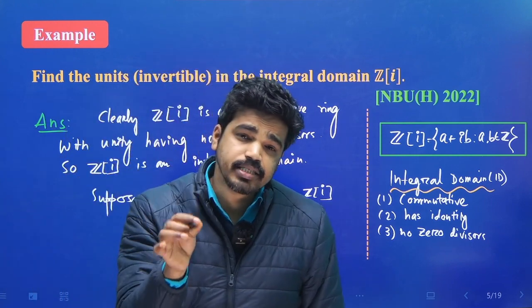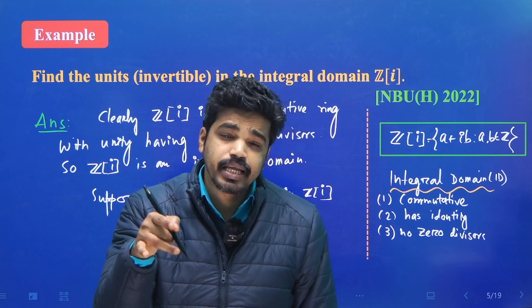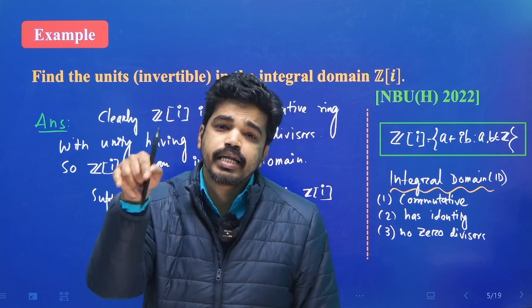An element A is said to be a unit if there exists another element B such that A dot B is equal to 1.